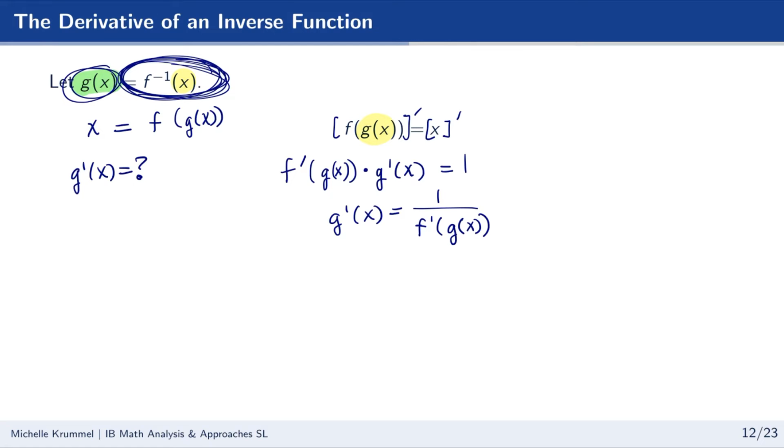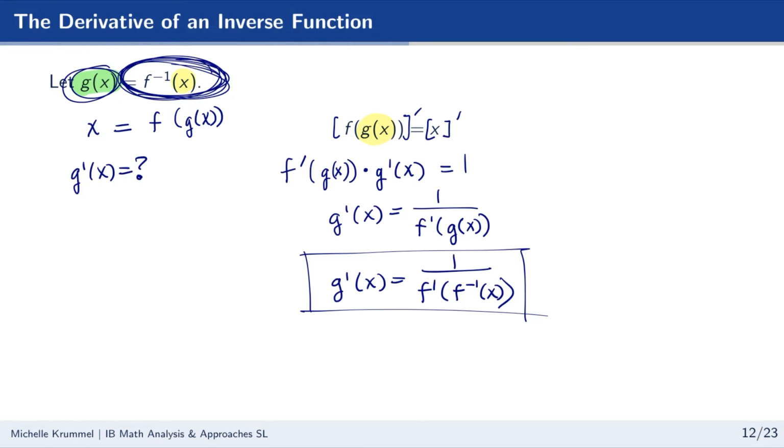And I know from the beginning that g of x can also be rewritten as f inverse of x. So let's make that substitution. G prime of x equals 1 over f prime of f inverse of x. And really, I mean, we could stop right there. That is our formula for the derivative of f inverse. It's 1 over f prime of f inverse of x.